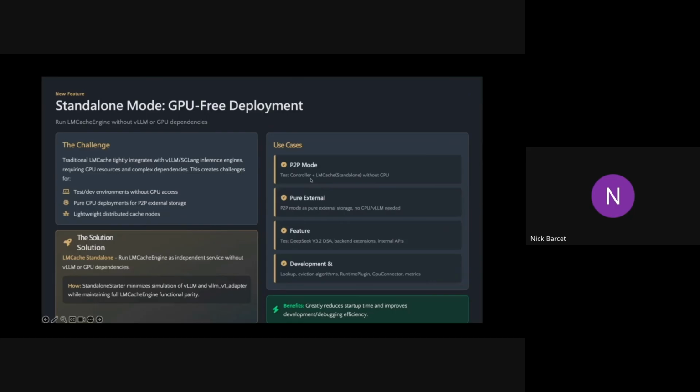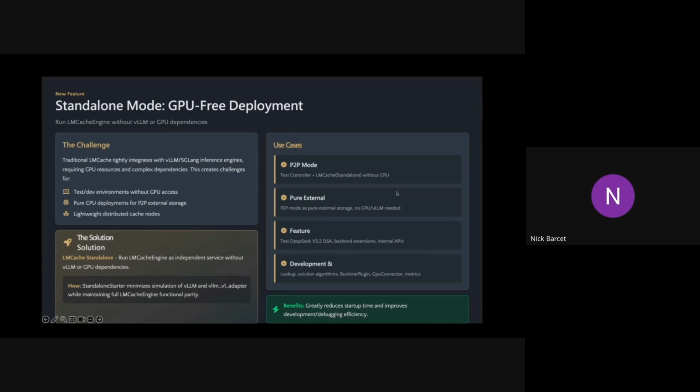First, test and development environments without GPU access. Second, pure CPU deployments in resource-constrained scenarios, such as P2P mode as pure external storage. Third, distributed edge scenarios requiring lightweight nodes.